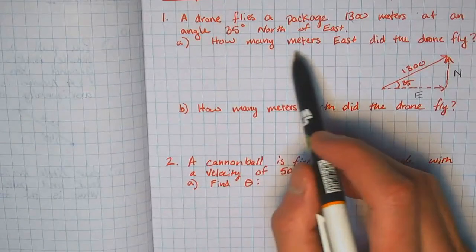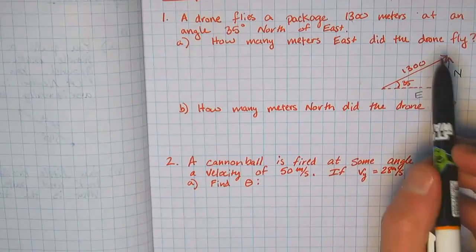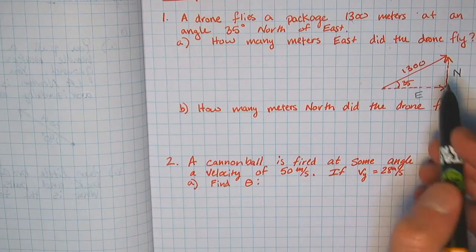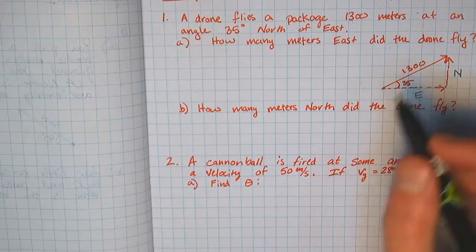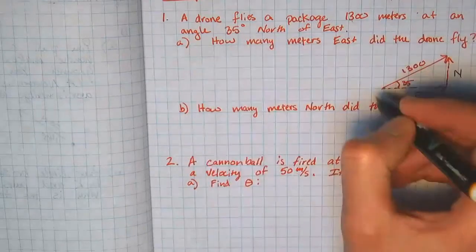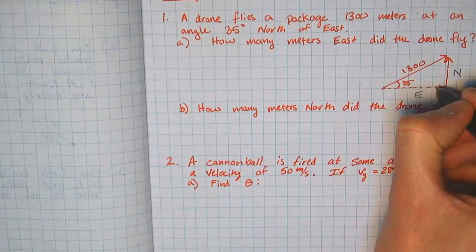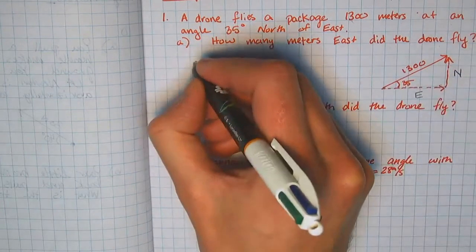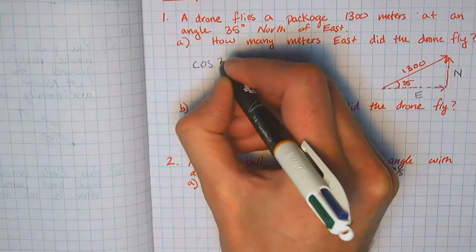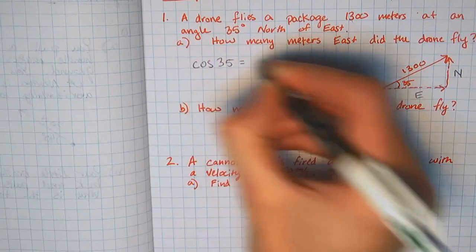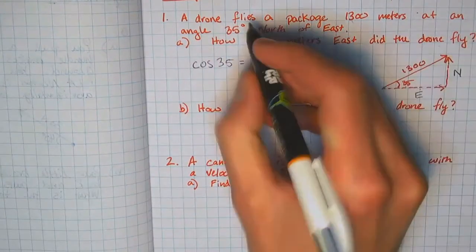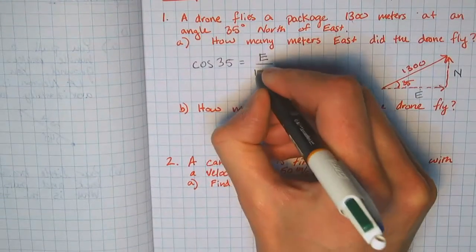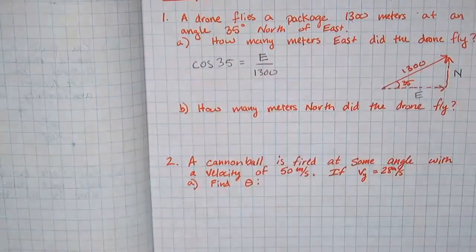First question is how many meters east did the drone fly? So that means we're looking for this leg right here. So in order to figure that out, that would be the adjacent side because it is next to the 35. So that's going to be cosine. So cosine of 35 degrees is equal to adjacent over the hypotenuse, 1300.